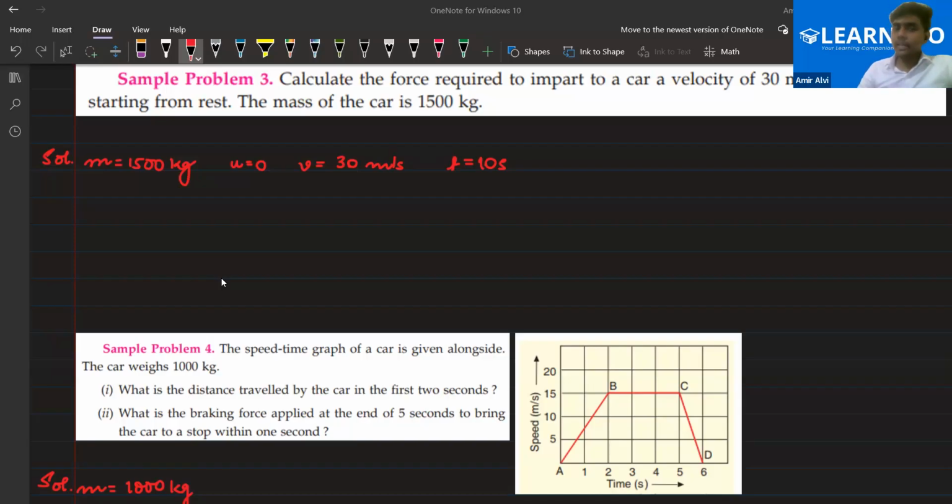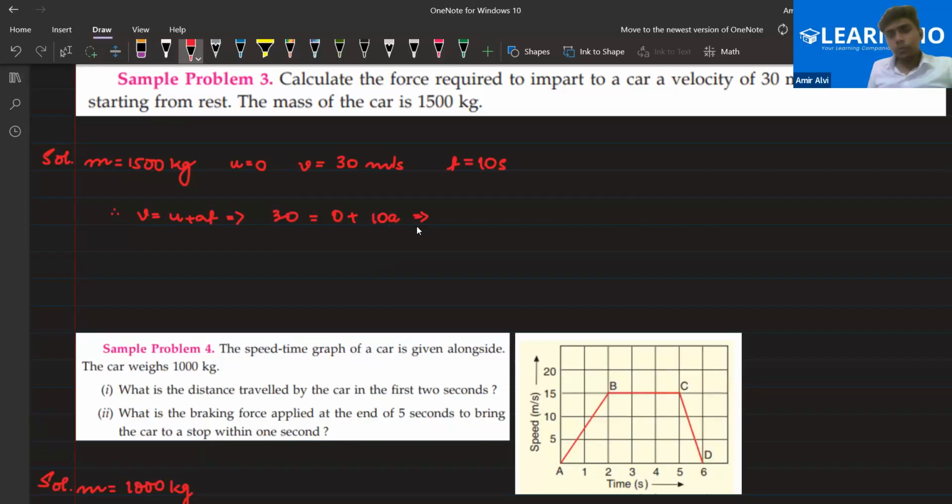We can directly write force as F = m(v - u)/t, or we could find the acceleration first, then substitute in the formula. So now we are going to find the acceleration first. That is v = u + at. Here u is 0, so 30 = 0 + 10 into a.